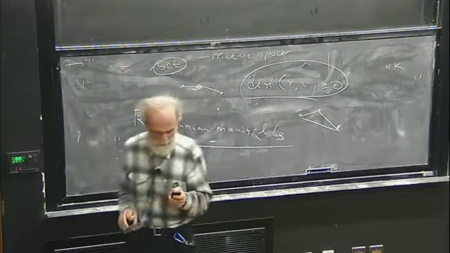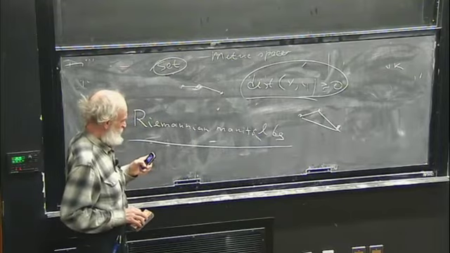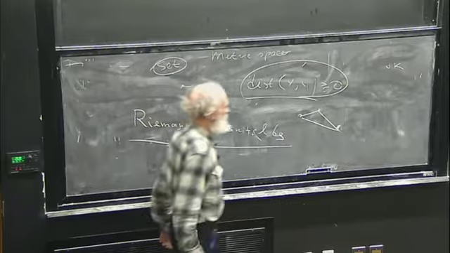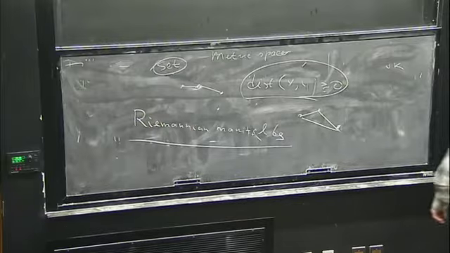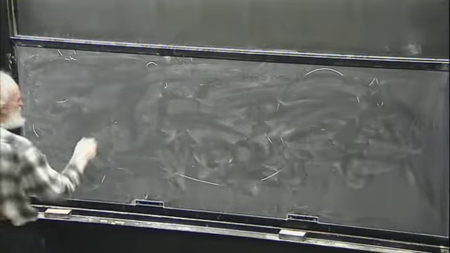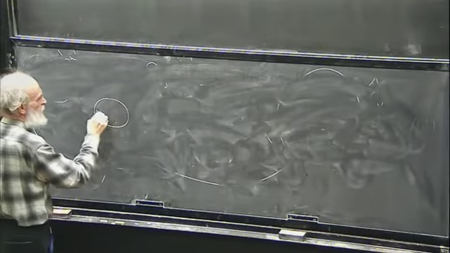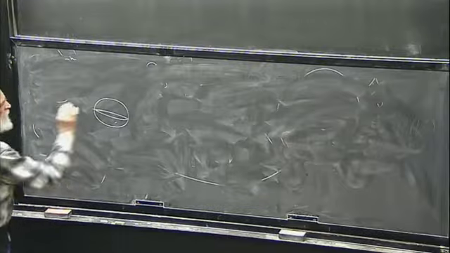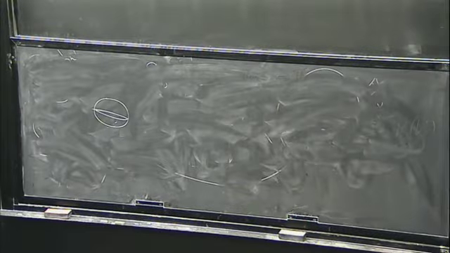And now, how can we define scalar curvature? It's a curvature, and in the simplest case we have, say, the unit sphere, a curved surface.